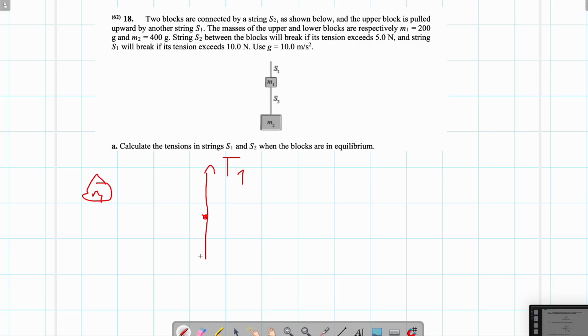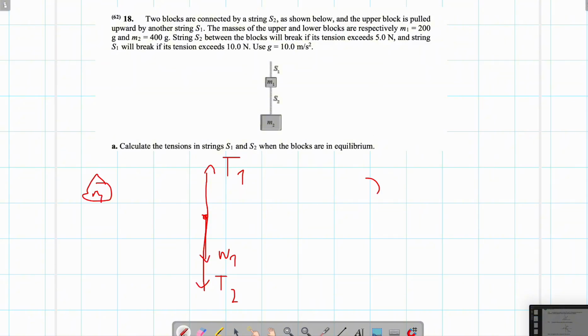Then down here we're going to have W1, and also T2. This is because M2 is also pulling on M1, there is a string under M1 pulling it down, which is why we have another force T2 down.